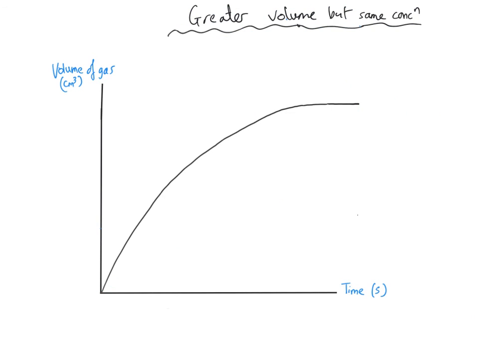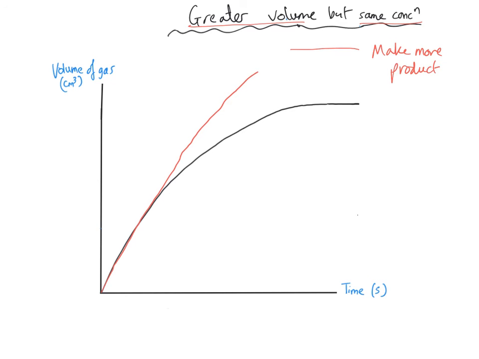And so if we've got a greater volume but the same concentration, then this time the only thing that would be affected would be the final height of the chemicals. Because we've got a greater volume of a particular solution, maybe the acid, we will make more product. But because it's the same concentration, the gradient ought to be the same for as long as you possibly can.